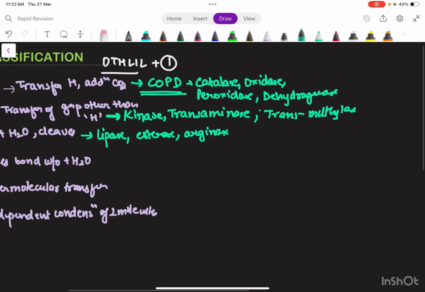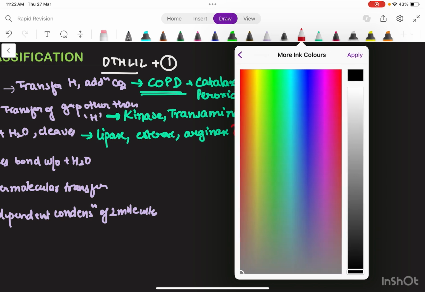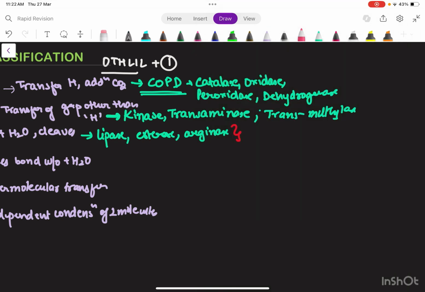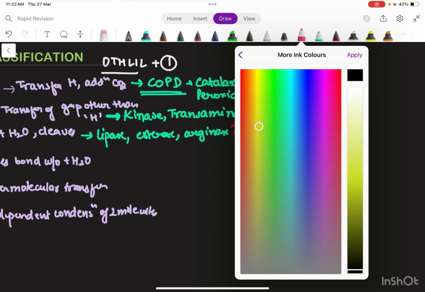Okay, so most of the, again, I don't know why the colors are not that bright in this. So all digestive, okay, we can use yellow, enzymes are hydrolases. All right, so just give me a second. More yellow.